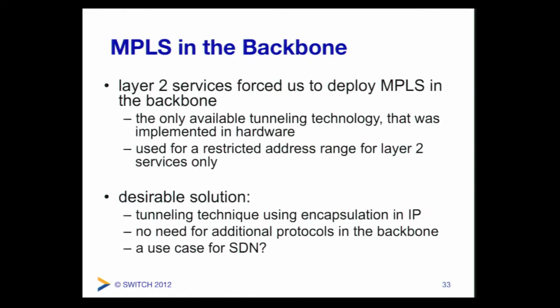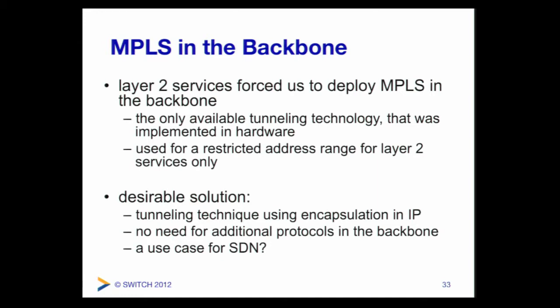If you do something like virtual point-to-point links, we were more or less forced to introduce MPLS in our backbone, because at that time it was the only tunneling technology implemented in hardware in the Cisco routers. So we have configured MPLS on our backbone, but we only use a very restricted address range for these layer 2 services. The rest of the IP services is just pure IP.